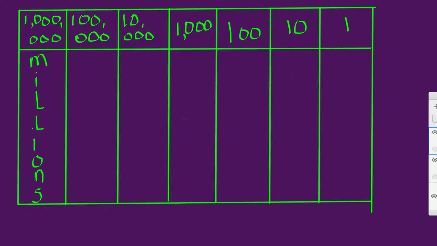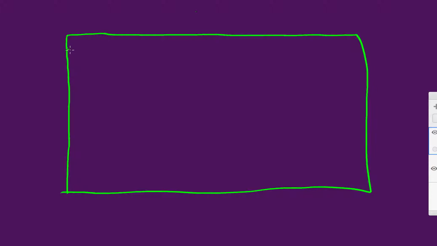I'm going to take away my place value chart. And I'm going to draw the column. It looks like this on your paper. It wants you to do 3 columns.